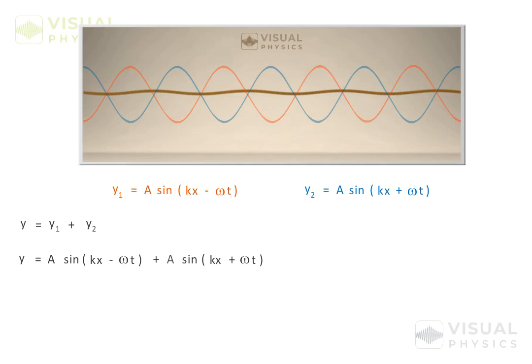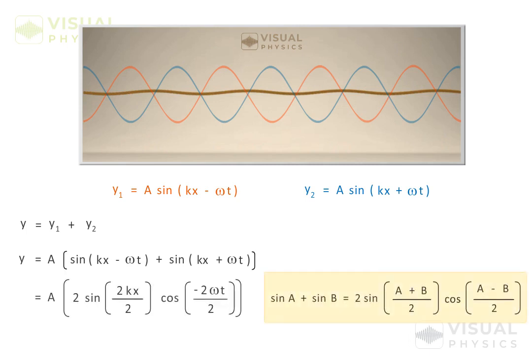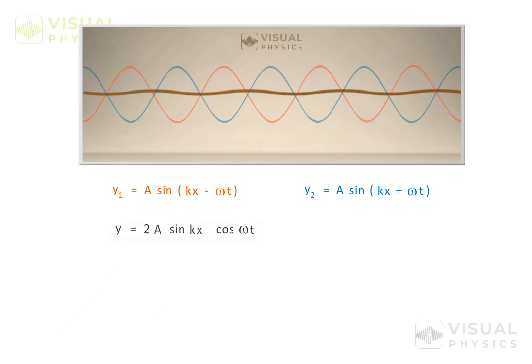On solving, we get this equation, which is the equation of a standing wave. This equation is of course not the equation of a traveling wave, because here x and t are not related like this.